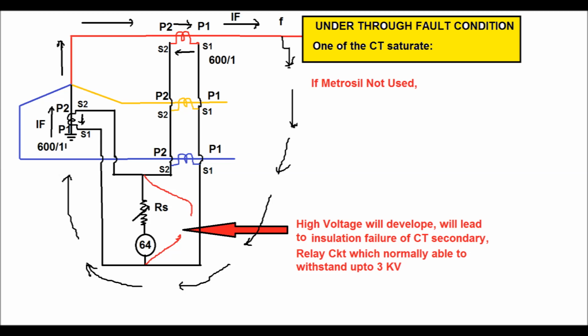Since the relay circuit and the CT secondary insulation is able to withstand up to 3 kV peak voltage of the insulation.